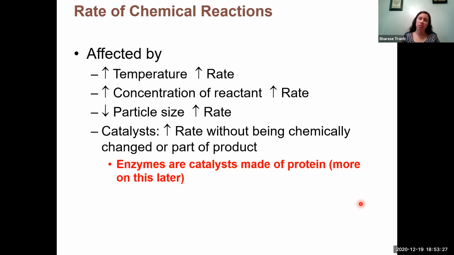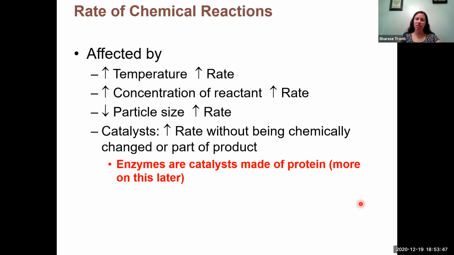Now, a decrease in particle size is going to increase rate. The reason for that is as you decrease particle size, molecules can move much faster. If they're moving faster, they're able to run into each other more often and cause a chemical reaction. So it might help you remember those three.